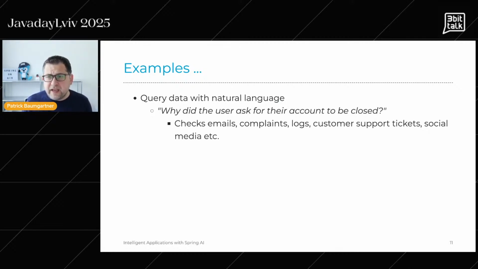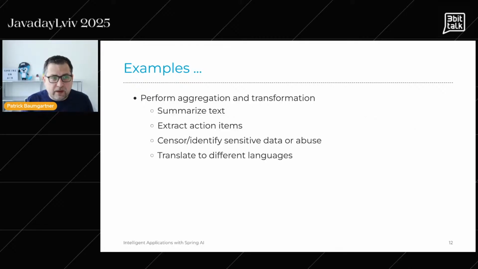So if you have this data, you can aggregate it, and you can query unstructured data in a very natural way. Of course, that's probably what you're doing quite a lot, and even my email client does it. It's going to aggregate and transform the text, right?